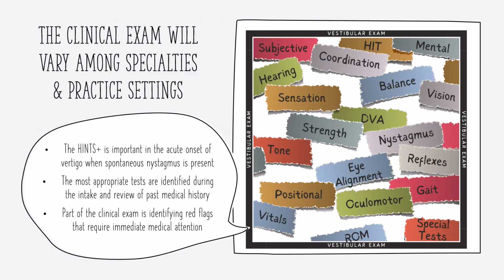The clinical exam will vary among specialties and practice settings. For example, in the acute care setting, the HINTS Plus is important to identify the cause, peripheral versus central, in the acute onset of vertigo when there's spontaneous nystagmus that's present. So many times people will ask, what's one piece of equipment I should have?